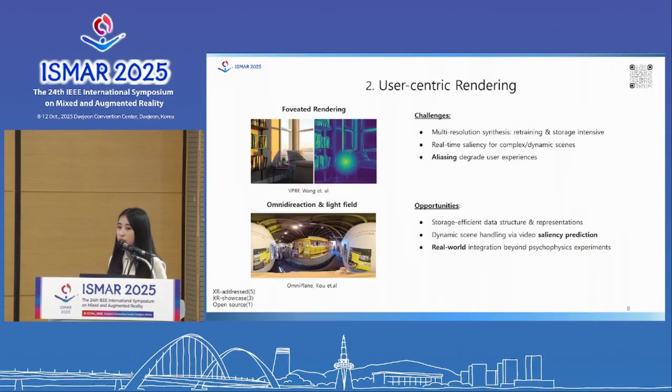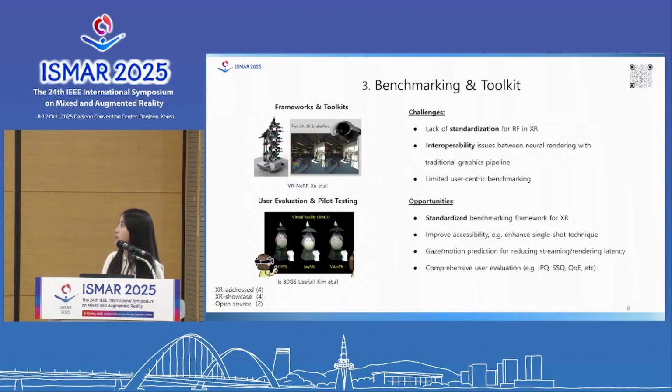And here the biggest challenge is the aliasing effect introduced by those algorithms, for example, by those user-centric rendering algorithms leveraging the human visual system. And also most experiments, even though they are in XR address, actually perform psychophysics experiments. There is still a lack of real-world integration of those methods into interactive XR experiences to test out additional artifacts that users might experience.